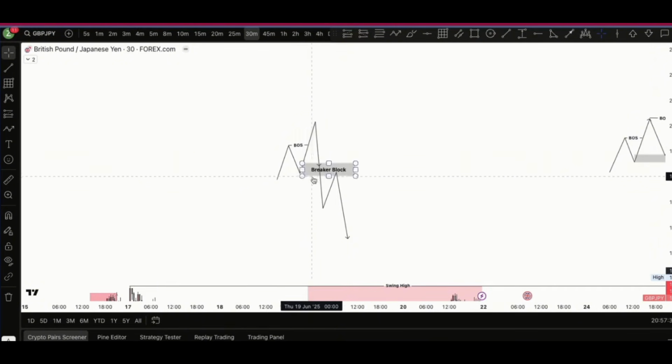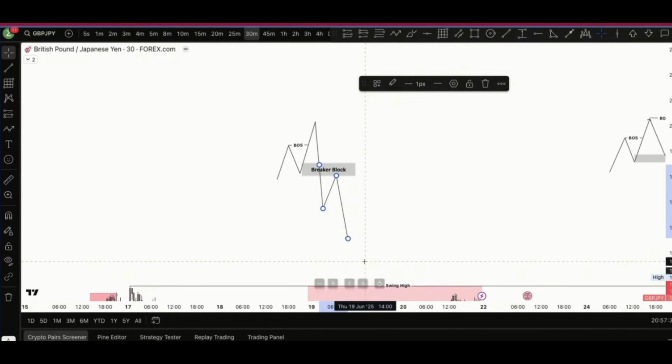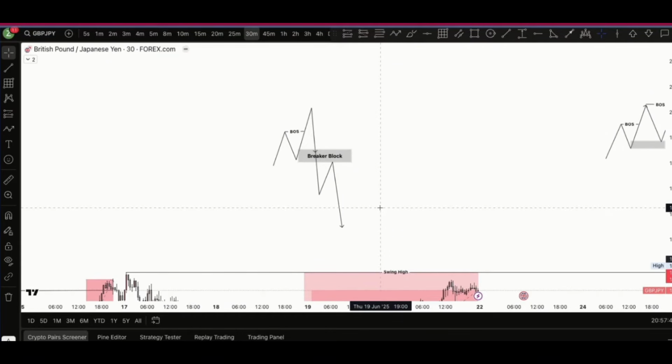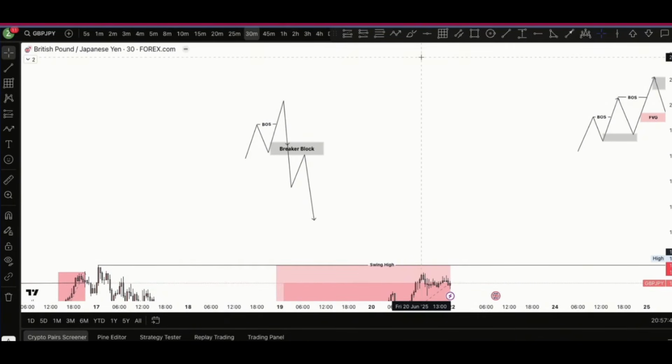But when it came, it broke that order block, then came and retested it and continued to sell. So the moment a bullish order block is violated, that order block turns into a breaker block. Or the moment a bearish order block is violated, so this is a bearish move.